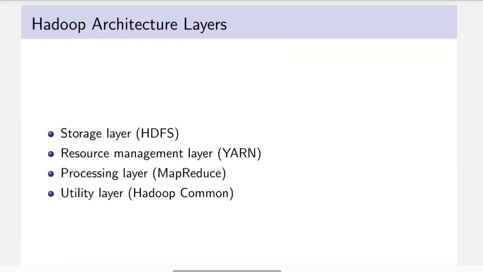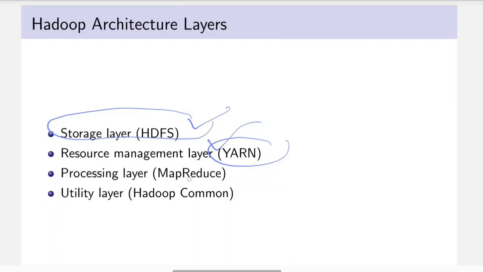Now moving on to the layers of Hadoop. Hadoop has four main layers. One is the storage layer, that is HDFS, which stores student files. Second is the resource management layer, we call it YARN, which manages memory and CPU.